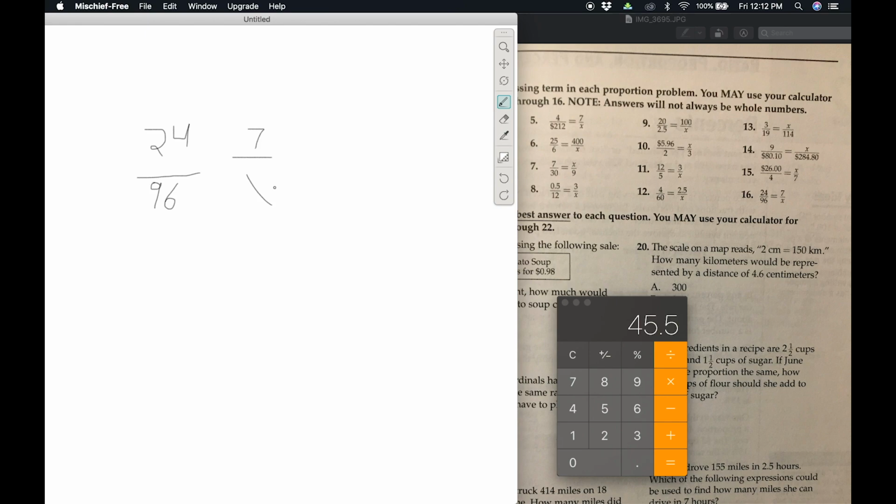So 96 times 7. 96 times 7 equals 672. Divide that by 24 equals 28. x equals 28. So 28 is your answer.